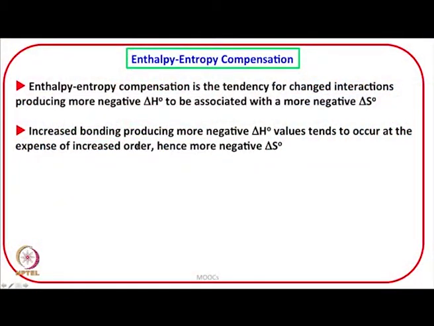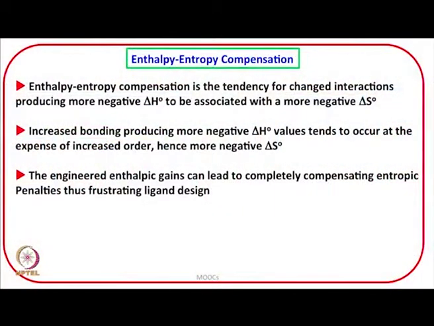Increased bonding produces more negative delta H naught values, and these tend to occur at the expense of increased order, hence more negative delta S. So this is the reason for the compensation, because if two molecules interact favorably, delta H naught will be negative, but also there is a loss in entropy.